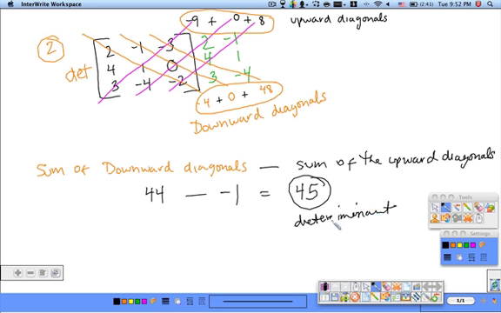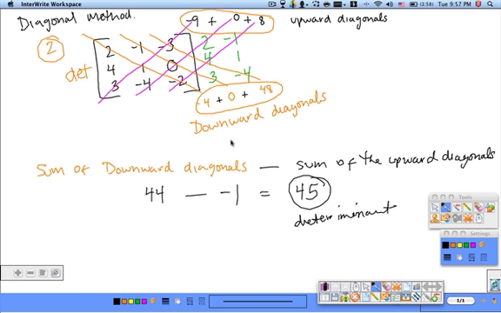Sorry, it's a little sloppy. Okay, example number 1 is finished. That is how to find the determinant of a 2 by 2 matrix and a 3 by 3 matrix. This method, by the way, is called the diagonal method.